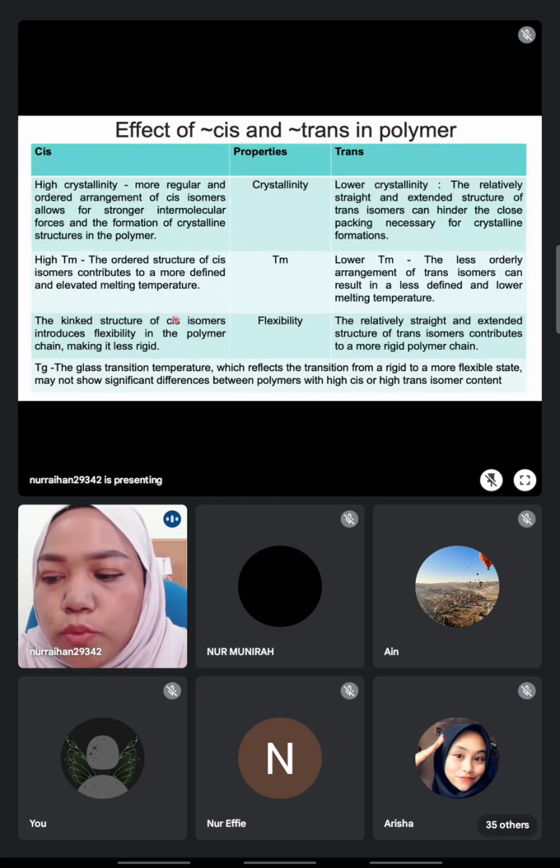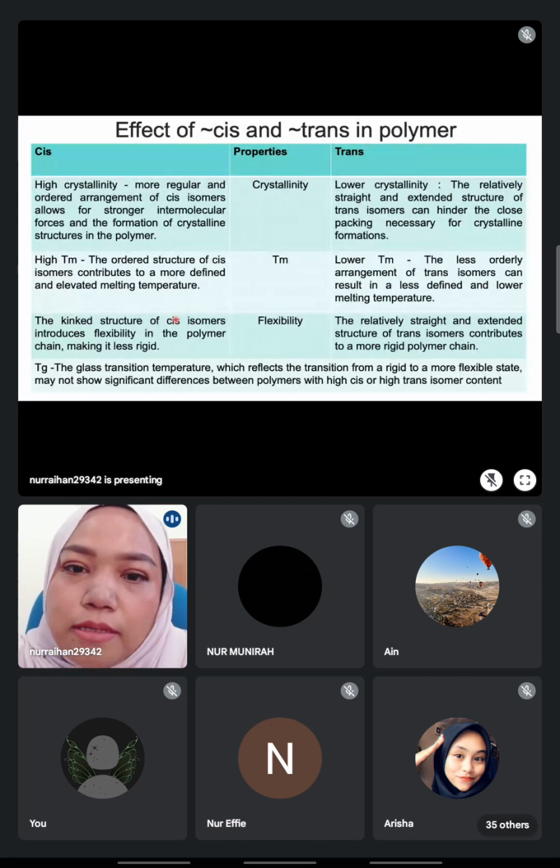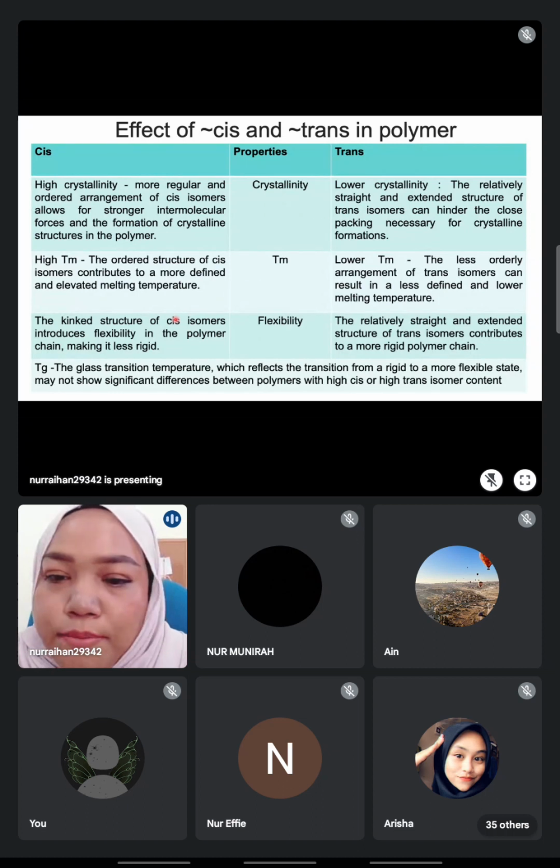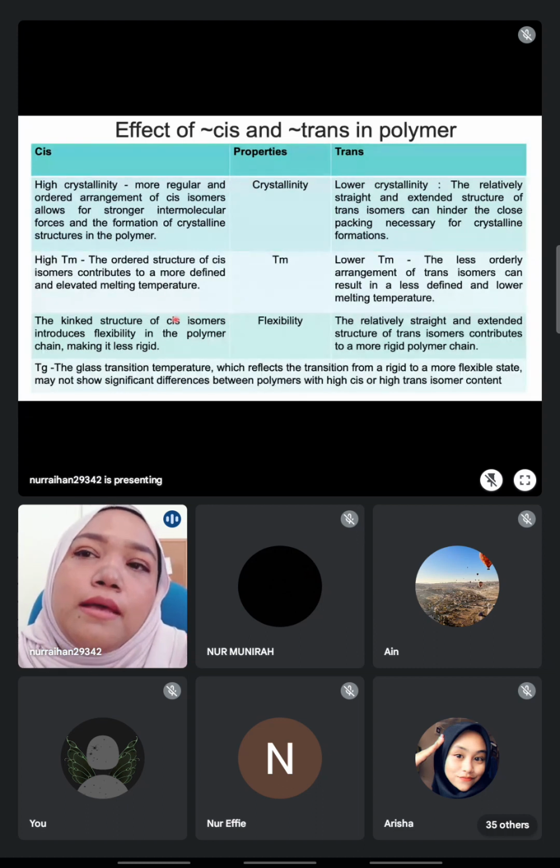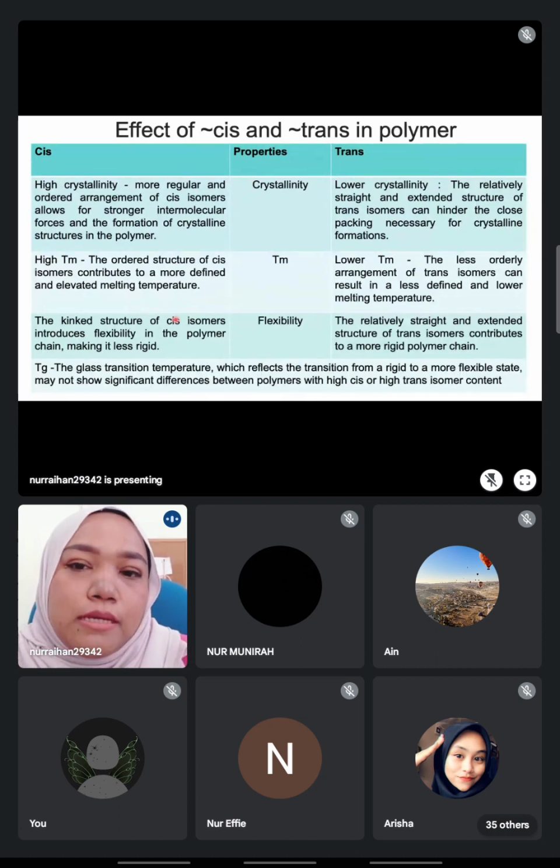You want to combine natural rubber and butadiene rubber. Okay, why? Butadiene rubber imparts wear resistance to the rubber. So the rubber will have better wear resistance when it has a high cis content.